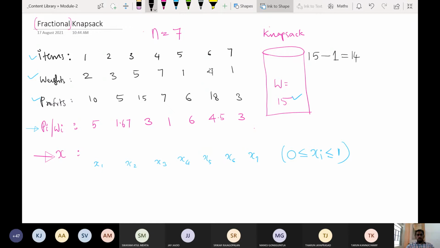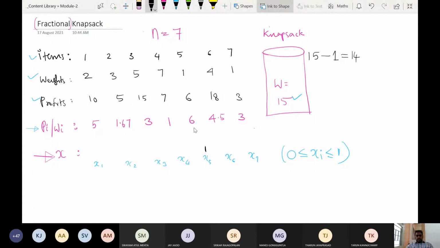Since we have included item number 5 completely, I'll mark a 1 here. 1 means fully, 0 means nothing, and a fraction means that much percentage we will take, because the items are divisible here. They are potatoes, tomatoes, or onions, not a TV, washing machine, or fridge. Items are divisible.